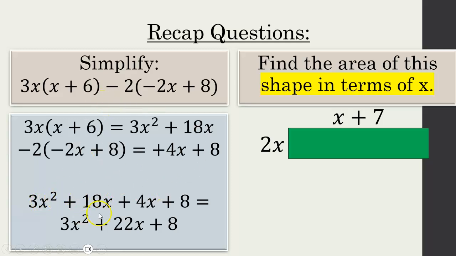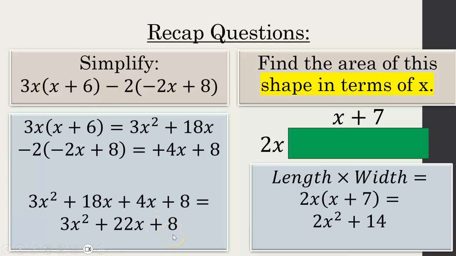So 3x squared plus 18x plus 4x minus 16. So 3x squared. Now I can add the 18x and the 4x together. So that's going to be 22x. Now, be careful, that's wrong. That should be minus 16. So 3x squared plus 22x minus 16 would be the final answer there.